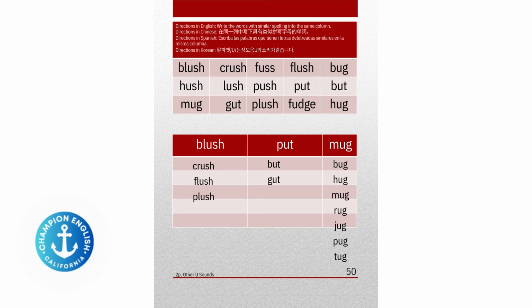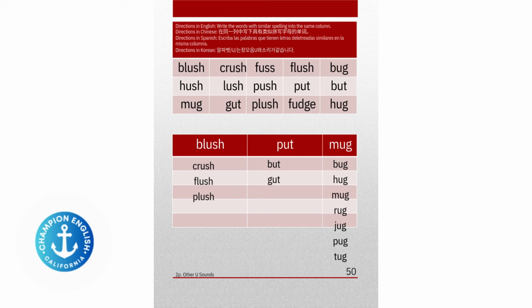Okay, students. Here we are looking at the answers to our last question, which is what words rhyme with blush? You should have written crush, flush, and plush. What words rhyme with put? You should have written butt and gut.